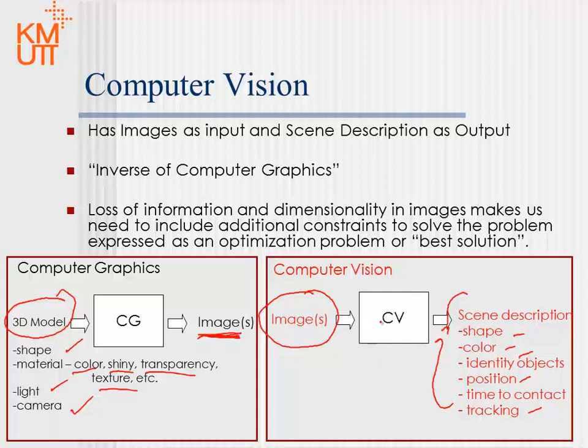From two-dimensional images you're supposed to interpret a lot of information. We explained last time that projection causes a loss of a lot of information in images.